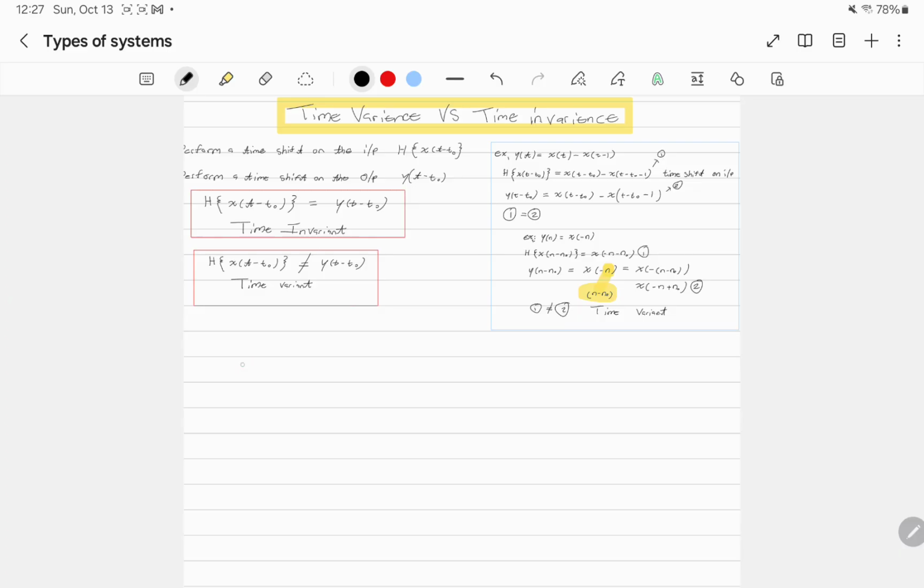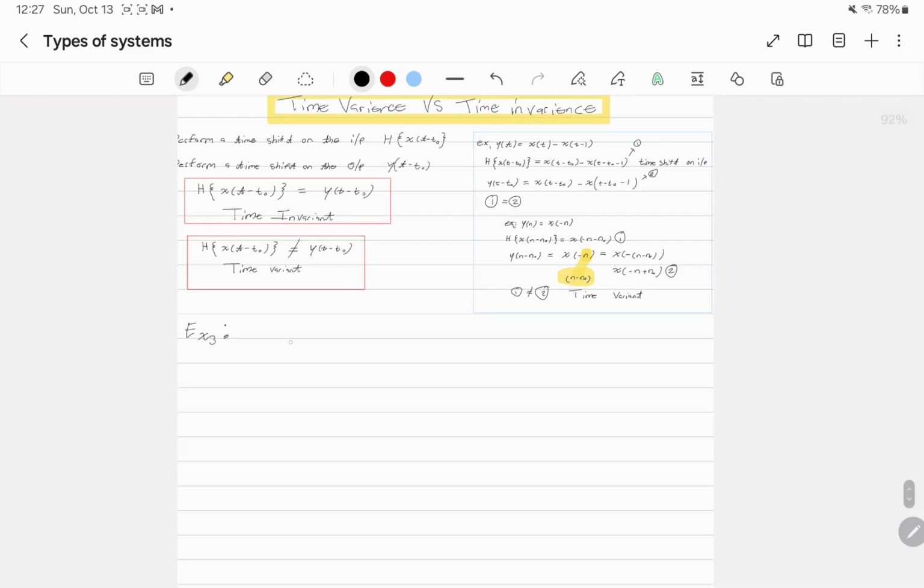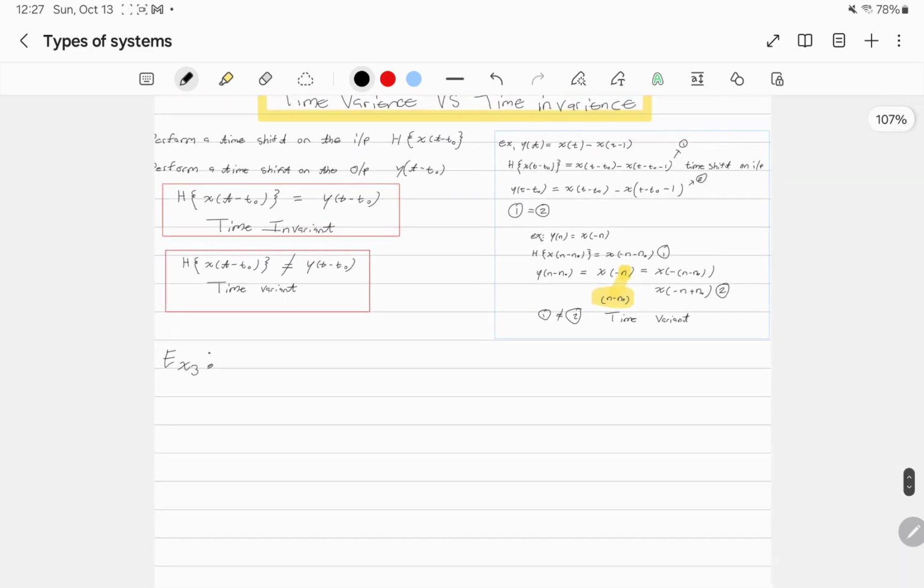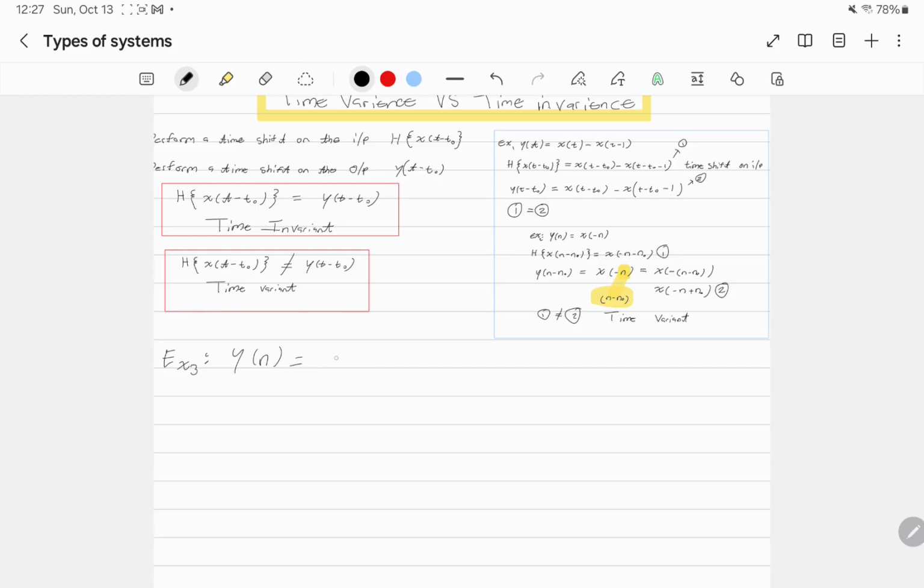So let's do another example where we have y of n is equal to n x of n. So let's perform a shift on the input.